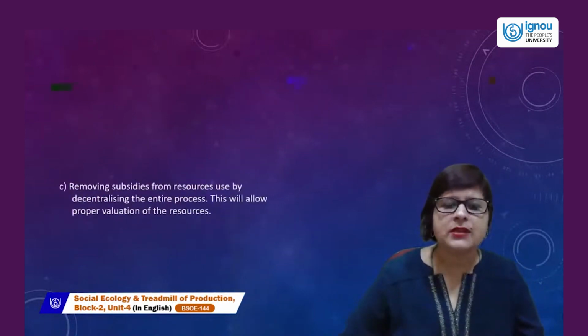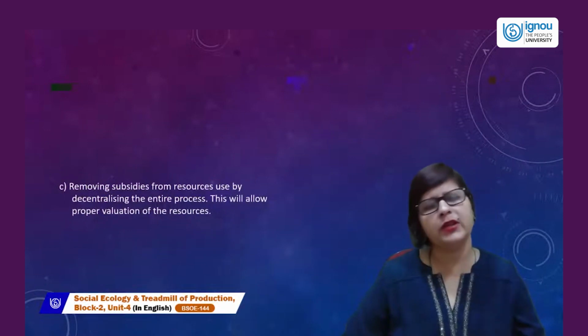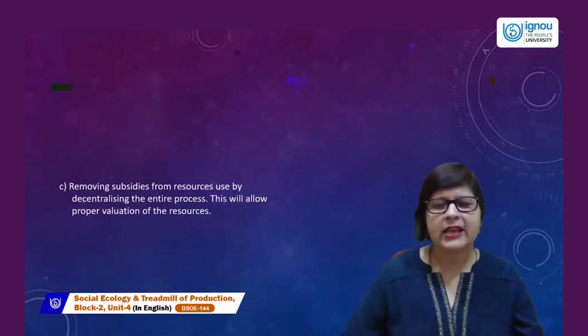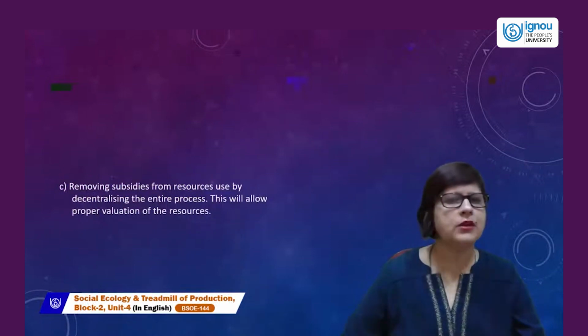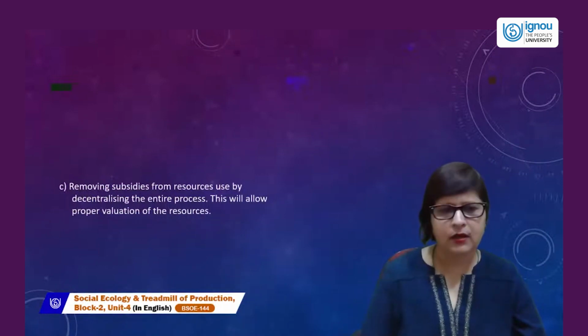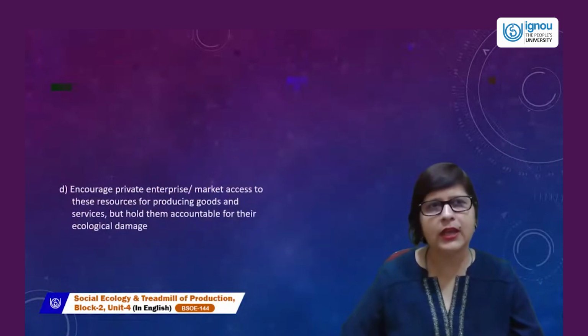Removing subsidies from resource use by decentralizing the entire process. This will allow proper valuation of the resources. The third point which they have suggested for sustainable growth is the removal of subsidies. There should be proper valuation of the resources. Subsidies should not be given to anyone.